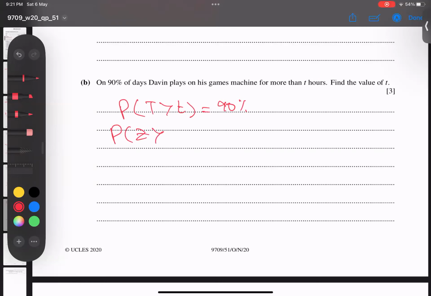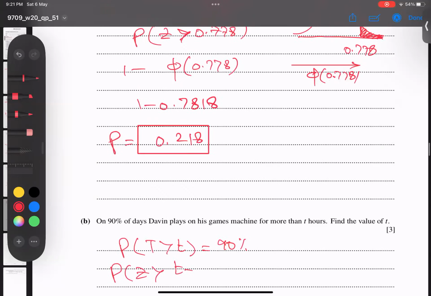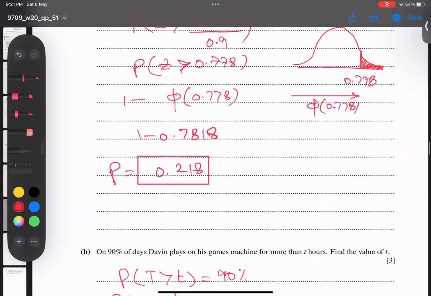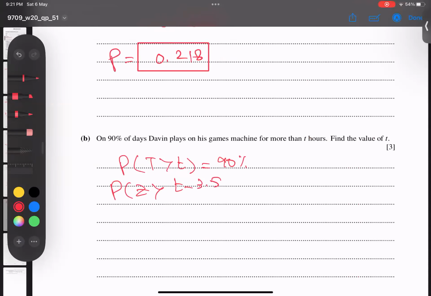I'll write Z here because this number I have to convert. This minus mean, mean is 3.5, over deviation 0.9, equals 0.9, since 90% is 90 by 100. I hope that's clear. And this number, t minus 3.5 over 0.9, I will take as any variable, a. So this I call a.